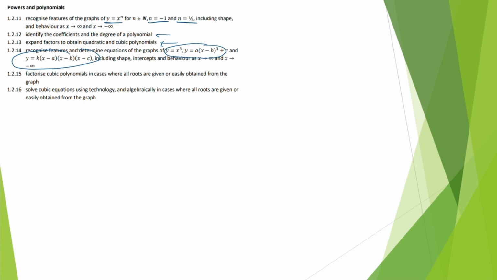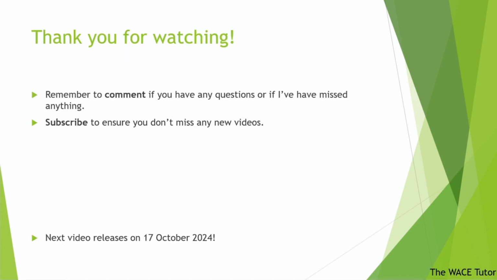We had a look at different types of writing the cubics and what they looked like on a Cartesian plane. We also factorized cubic polynomials using inspection and algebraic long division as 2 different techniques. Okay, cool. That's all of the video today.